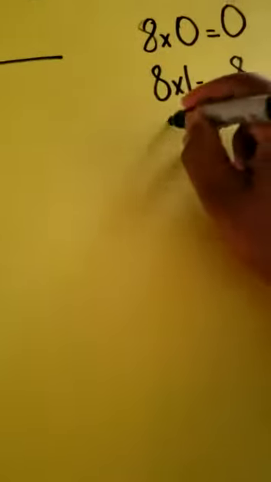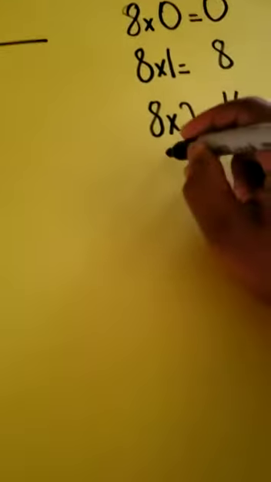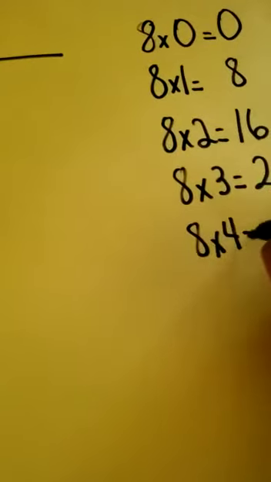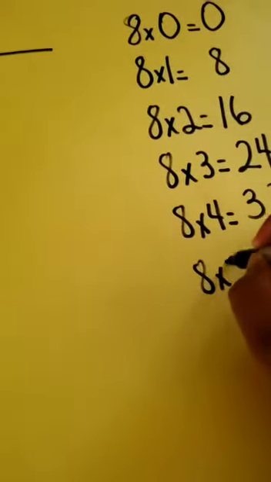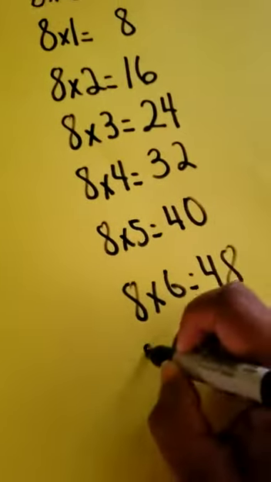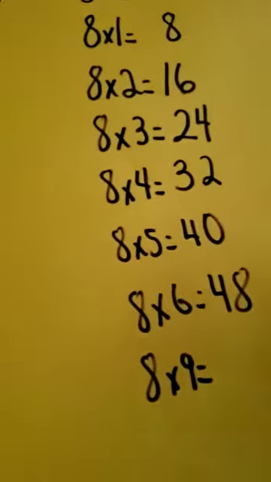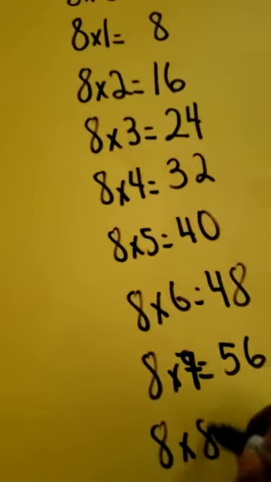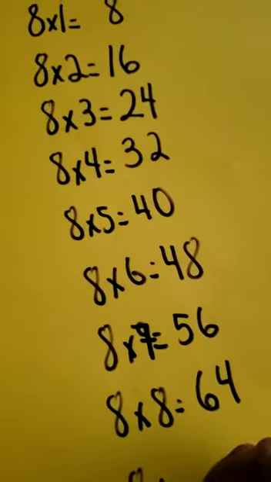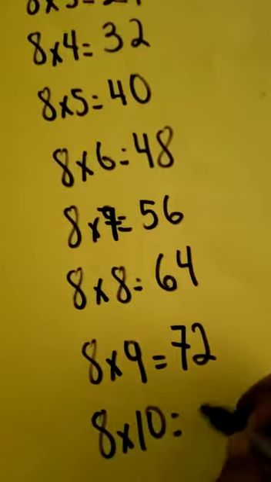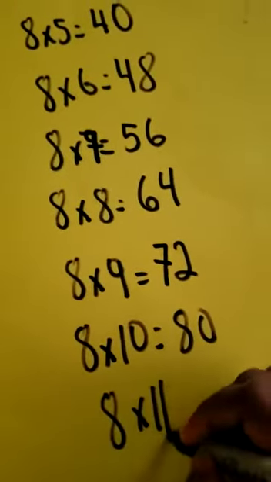You must start off with 8 times 0. 8 times 1, 8. 8 times 2, 16. 8 times 3, 24. 8 times 4, 32. 8 times 5, 40. 8 times 6, 48. 8 times 7, 56. 8 times 8, 64. 8 times 9, 72. 8 times 10, 80. 8 times 11, 88.